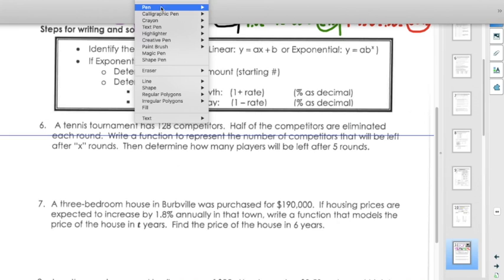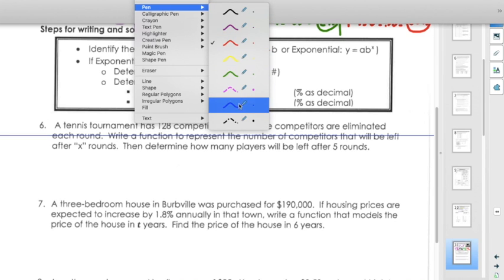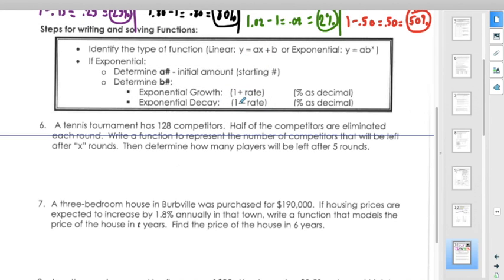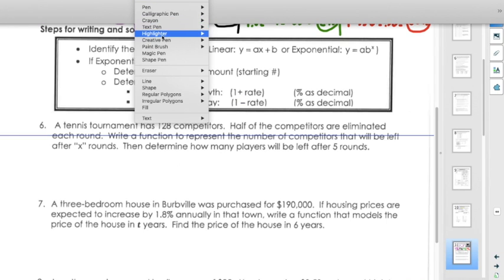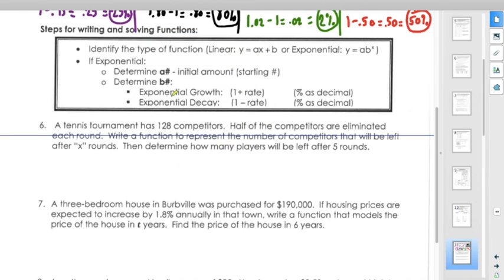Number 6. A tennis tournament has 128 competitors. Well, if you think about it, it's starting with 128 competitors, right? That is going to be your starting value. That's going to be your A in this case, because it's your starting number.